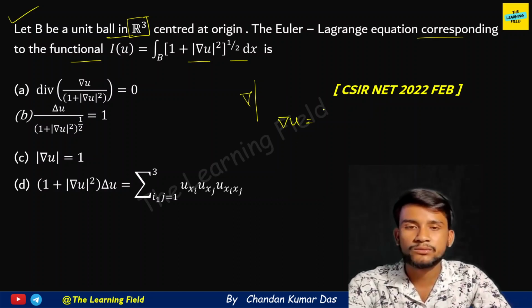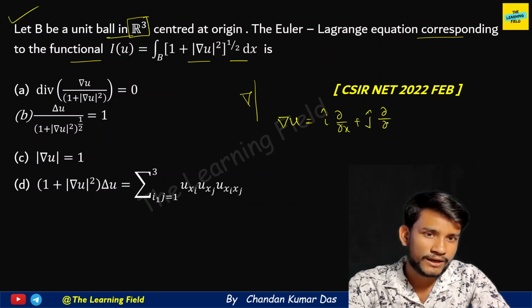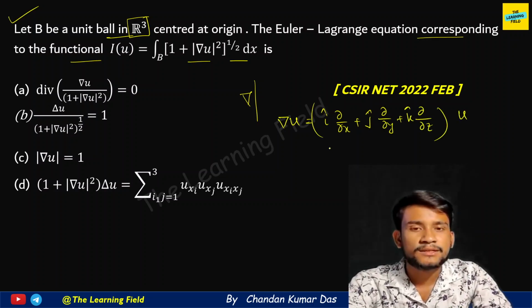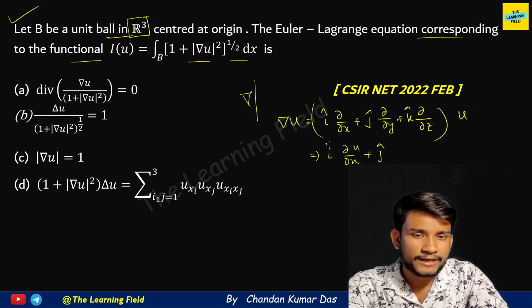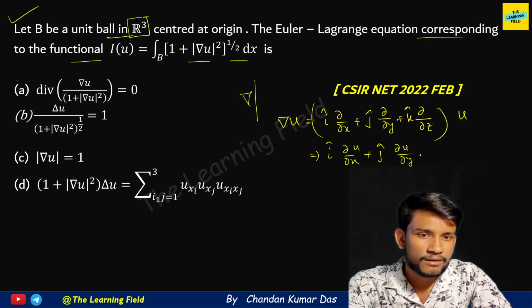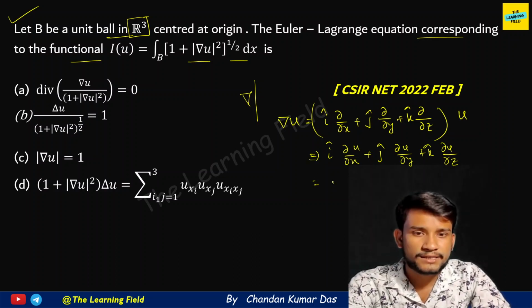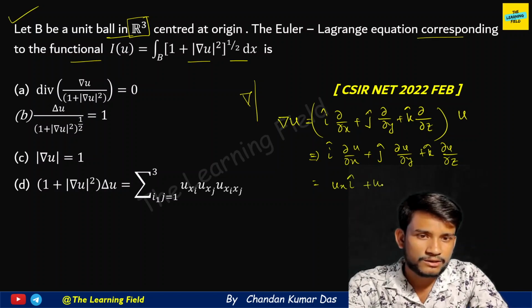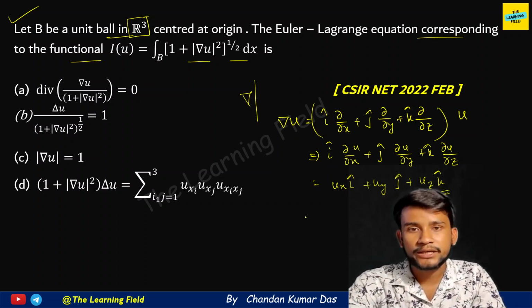In 3 dimensions we use grad u or nabla u, which is equal to i del x plus j del y plus k del z acting on this function u. That means we can write this as ux i cap plus uy j cap plus uz k cap. This is the nabla or del operator in the vector.